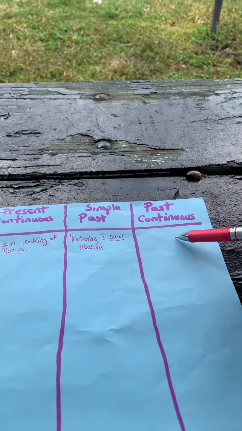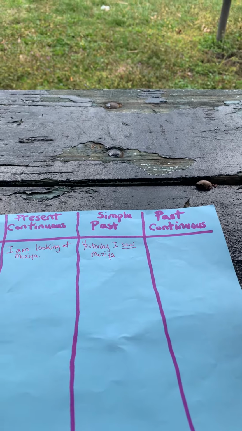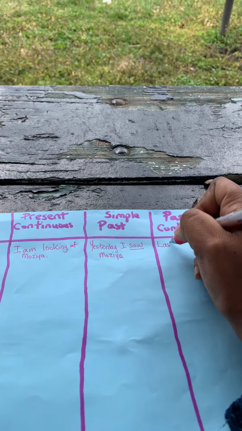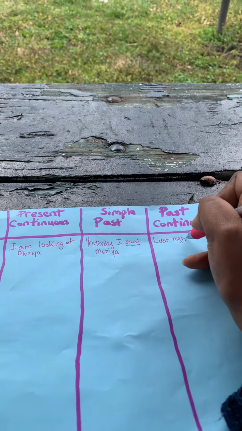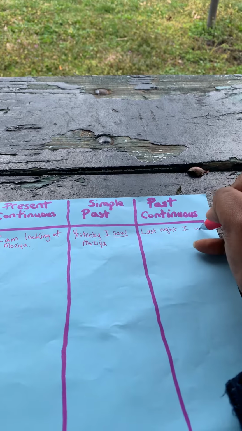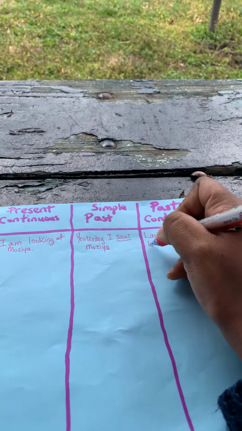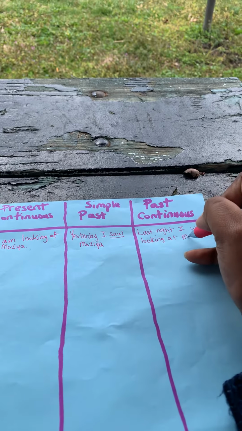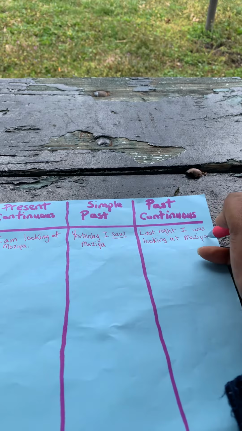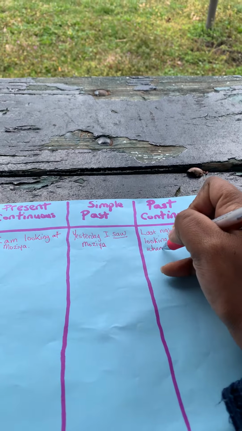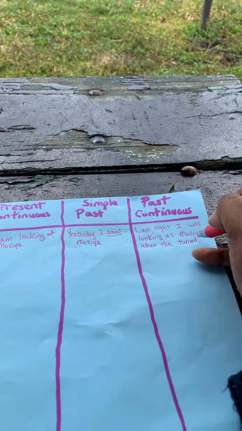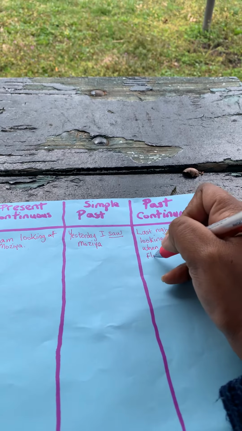Now say I want to use looking in the past continuous. So maybe I could say last night I was looking at Mosiah when she turned a flip.